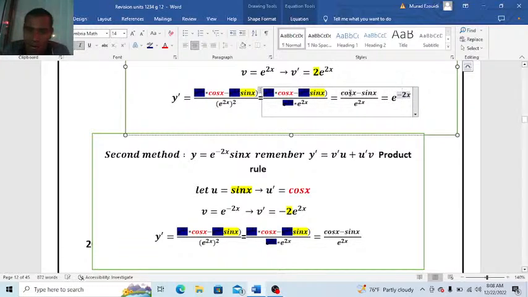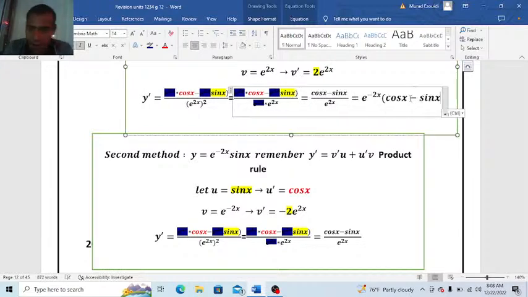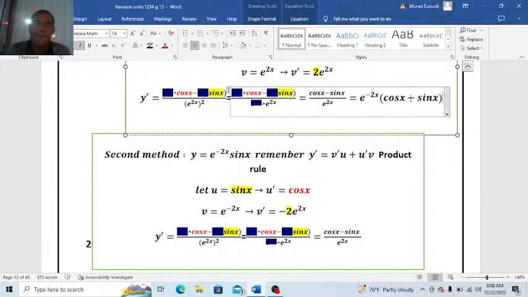This is when you use the quotient rule. Now, because exponential to x, you can write it on the numerator here. So it will be minus 2x multiplied between parentheses by cosine x minus sine of x. Therefore, learners, I will now apply the formula.